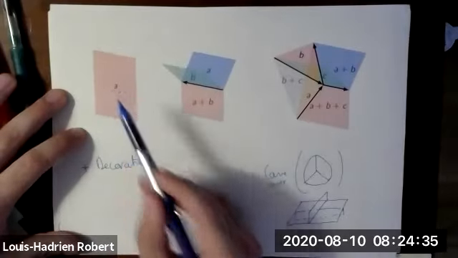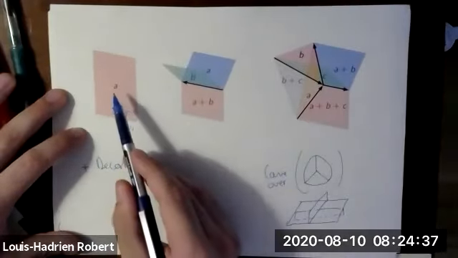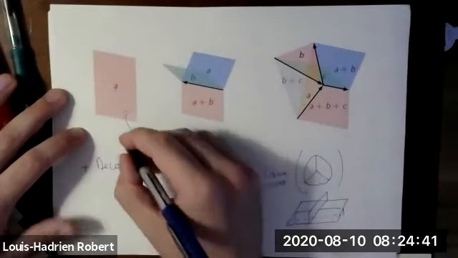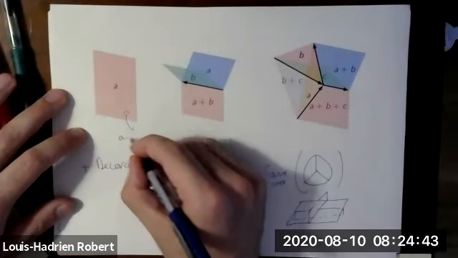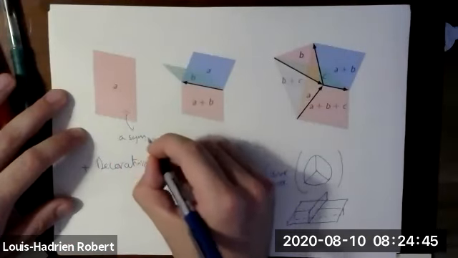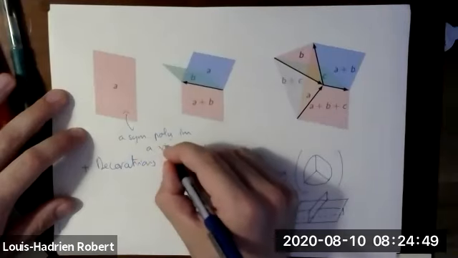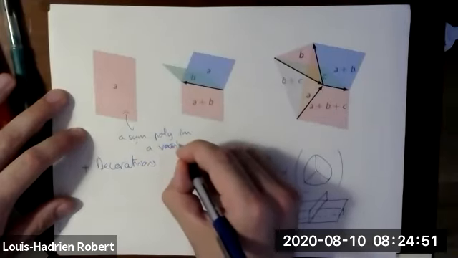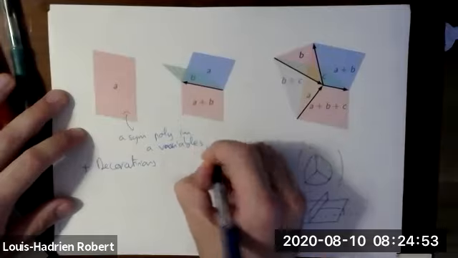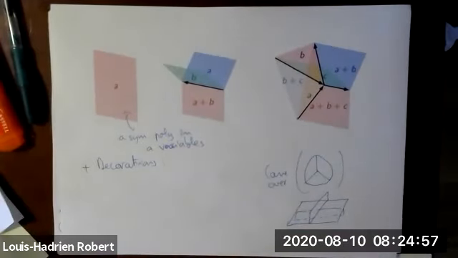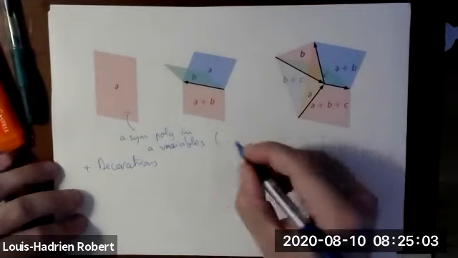They have some labeling, and a decoration on a facet of label A is a symmetric polynomial in A variables. So this is the complicated analog of the dots in Bar-Natan's category. These are like fancy dots.